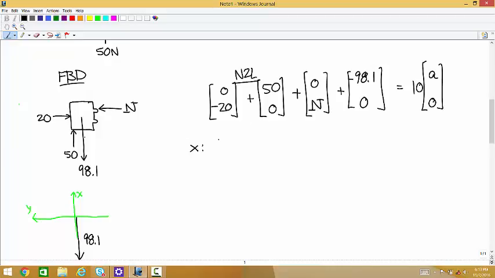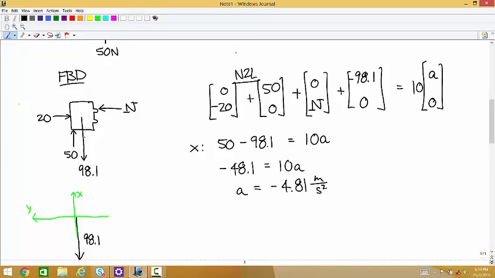The x equation says 50 minus 98.1 is equal to 10a. And so negative 48.1 is equal to 10a. And so a is equal to negative 4.81 meters per second squared.